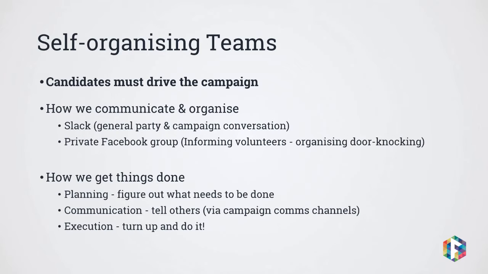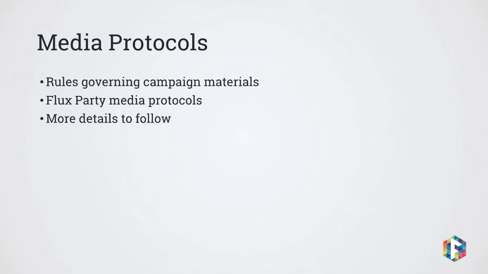In terms of how we communicate and organise, we'll use things like Slack or Facebook groups to organise as the campaign unfolds. And how we get things done is just very basic project management. We plan and figure out what needs to be done in advance. Then we spend time communicating and telling each other what needs to be done to coordinate, and then we just get people to turn up and do it.